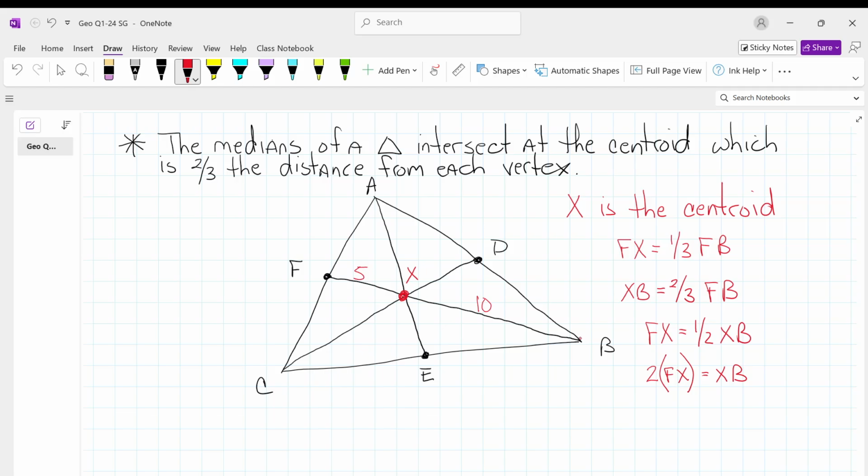From the centroid to the vertex is the long piece. You see how the short piece is always half the distance of the long piece? All right, so if E to X, is that the short piece or the long piece? It's the short piece. If this is 4, how far is it from X to A? 8, very good. You see it? Short piece is half the long piece. The long piece is twice as big as the short piece.